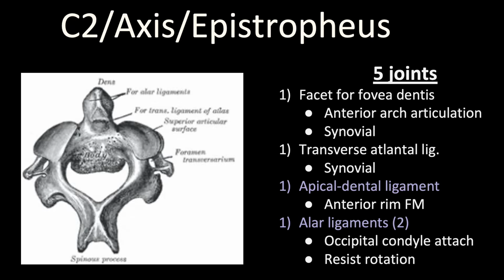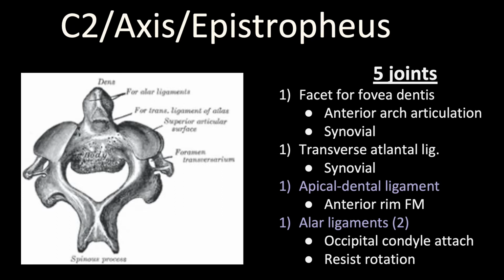The 5 joints on the axis, on the air quotes body of C2, are going to be the facet for fovea dentis, because remember the fovea dentis is on C1; the transverse atlantal ligament, so that's the seat belt that holds the dens in place; the apical dental ligament, remember that's the one single ligament at the very, very tippy top of the dens; and then you've got 2 alar ligaments.